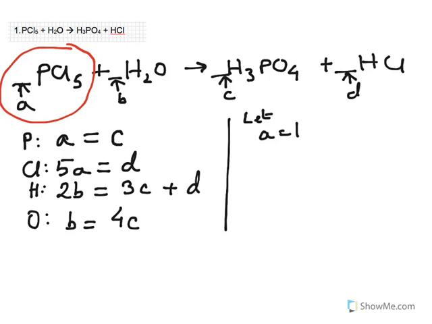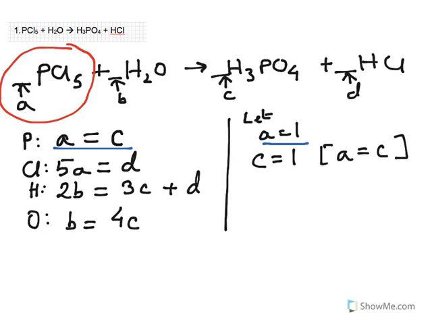So let's say A is equal to 1. We know that A is equal to C, and we already know that A is equal to 1 because we set it as 1. Hence, we can say that C is equal to 1 because A equals C. Now we move on to the next equation with chlorine.